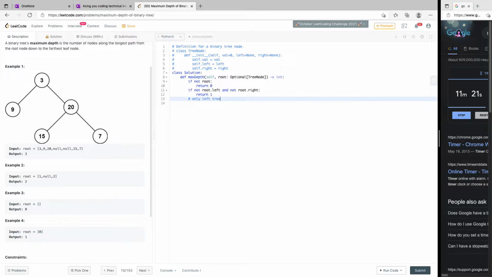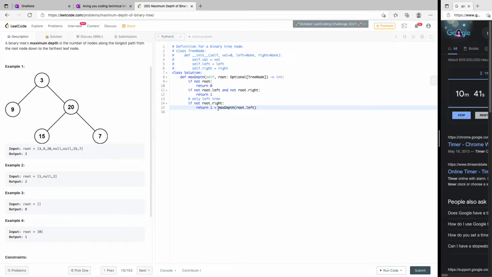So we say if not root.right, then we return 1, because we already have the root, plus a recursive call to max depth on root.left.